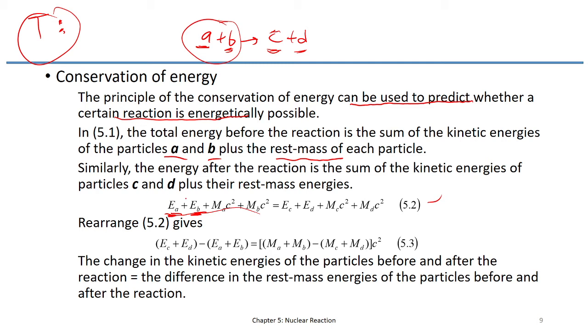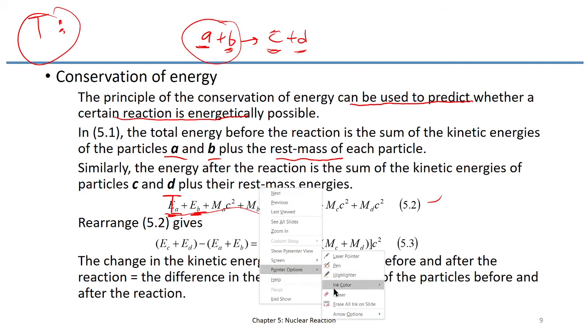So if you don't like to use E, you can use T to indicate the kinetic energy of the particle A.